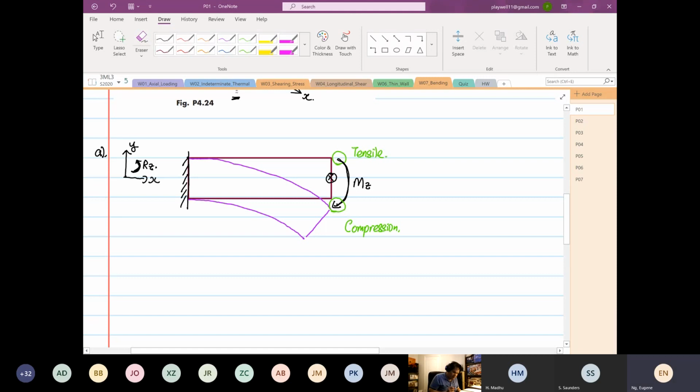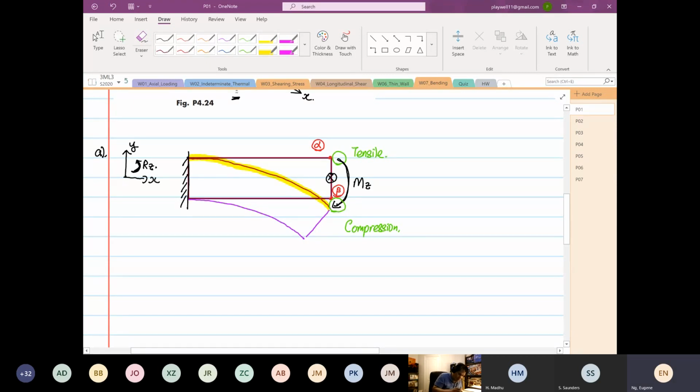And then if I call this point over here alpha, and this point over here beta, we know that point alpha is going to be in tension, because the radius of curvature at alpha, which is this curvature over here, has a wider circumference than the curvature on the inside one.